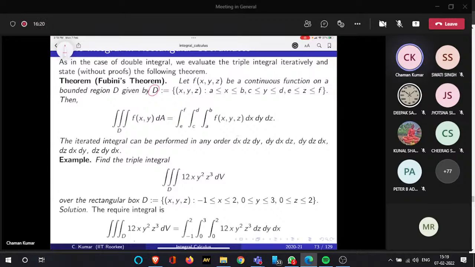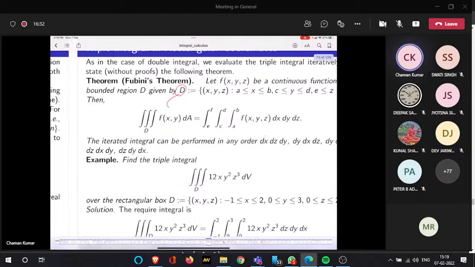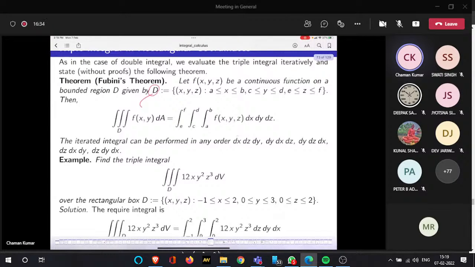Sir, as in there is no continuity? Continuity can be overcome to a certain extent. If you have a finite number of discontinuity points, then the function can still be integrable. But if you have an infinite number of discontinuities, then you cannot find the integral of the function.